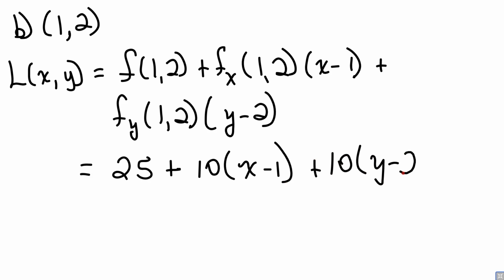So did everyone get 10 for both f of x and f of y at 1, 2? Okay. Yeah, so it should be 10 for both of those partials evaluated at 1, 2.